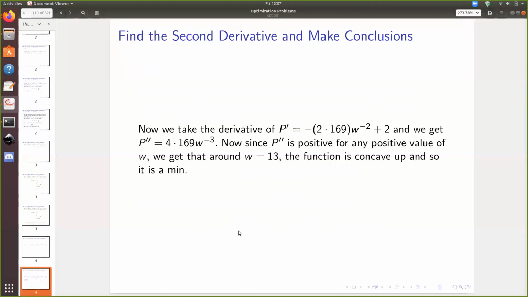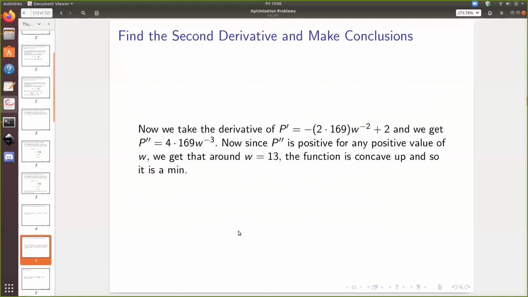And even with an inflection point at 0, we're only worried about the points that are around 13. And if you think about plugging any positive number into this second derivative, you're going to get that it's concave up. So at this critical point, it's concave up. And we know that it's a minimum.